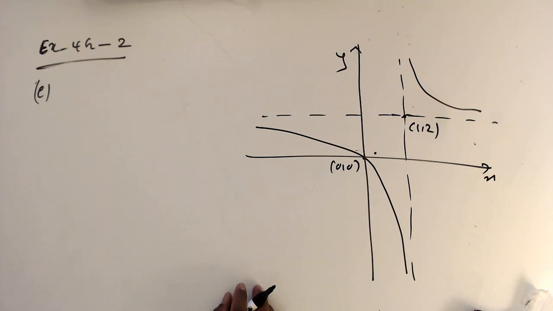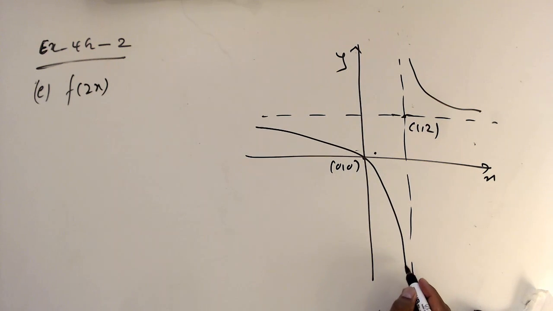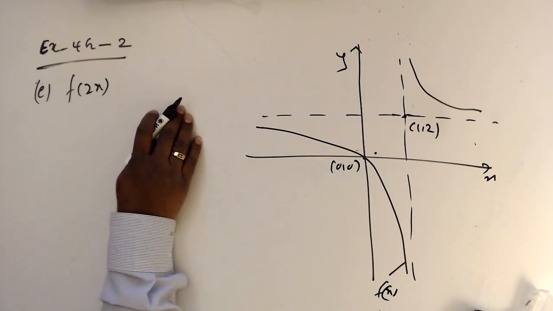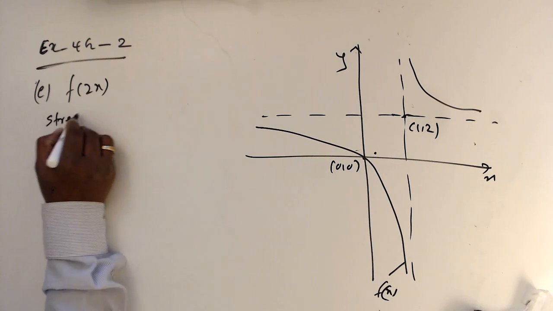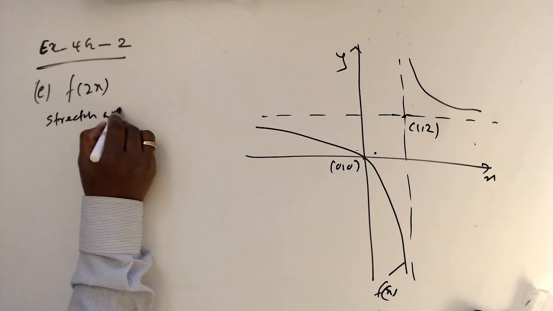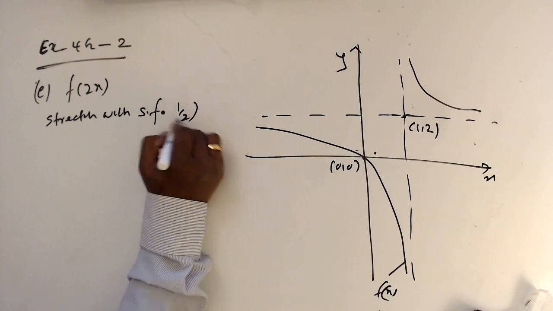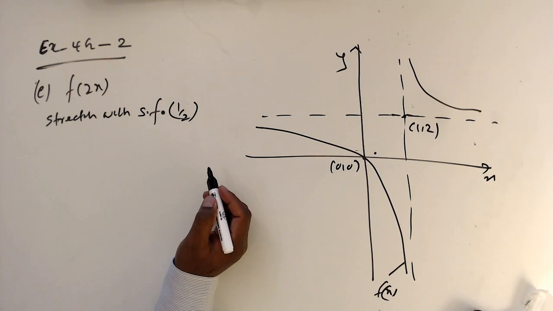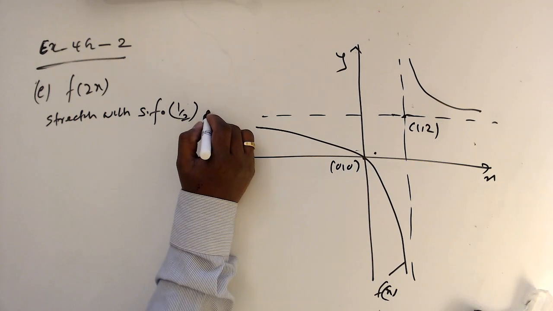Let's discuss part E, that is f(2x). This is f(x). Now this is going to be a stretch with a scale factor of half, in x, horizontally.